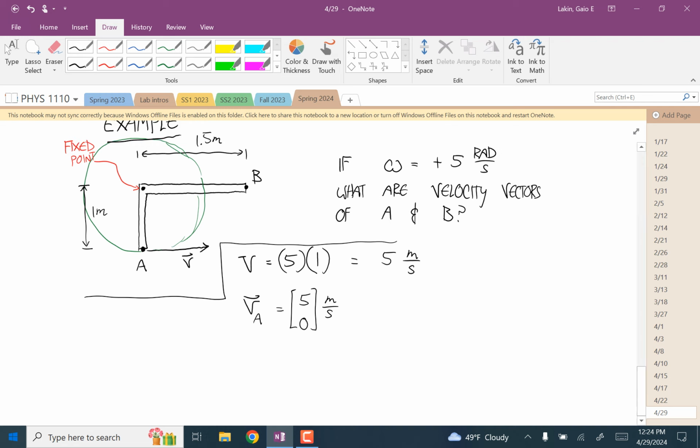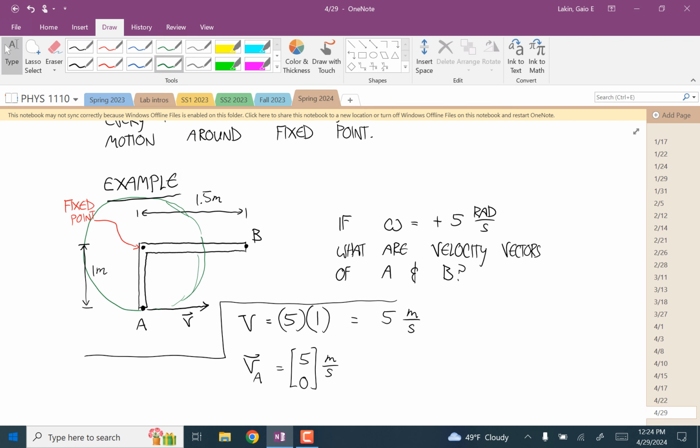And now what about the point B? Well, B is moving around a circle like this. It's still moving counterclockwise, so the velocity of that point B is this. So it's in the positive y direction.